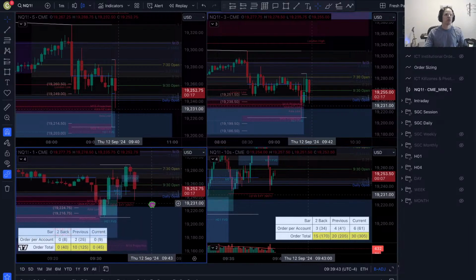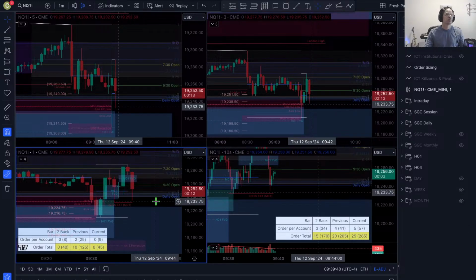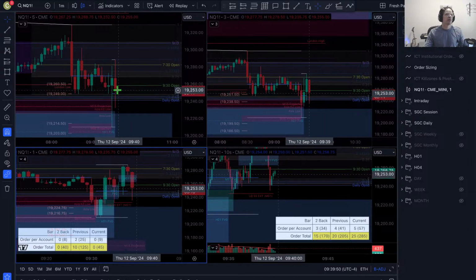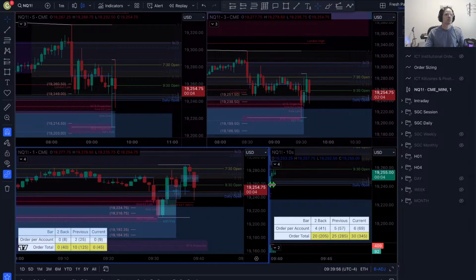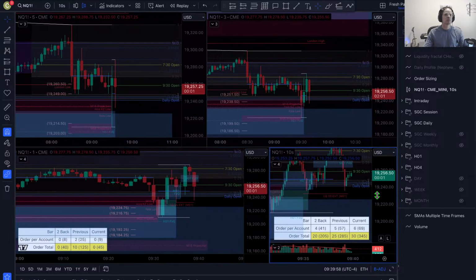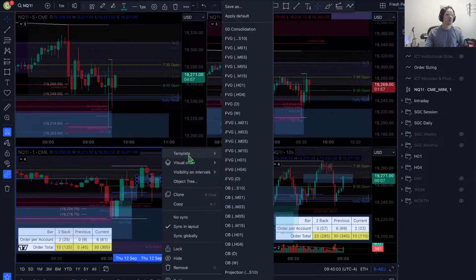Back into the daily open. Five minute, it'll be interesting to see if that closes above or below the 930. It's inversion on that one.